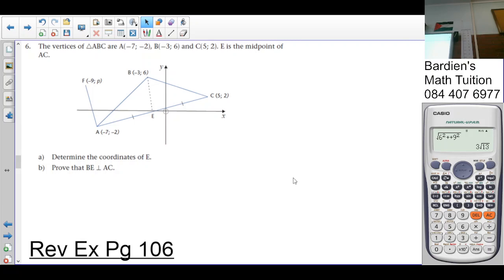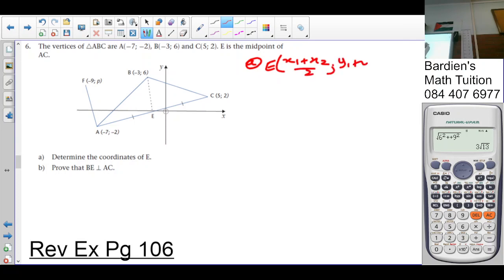That is simple. E is going to be x1 plus x2 over 2, y1 plus y2 over 2. Okay? So that would simply be -7 plus 5 over 2 and -2 plus 2 over 2. So E works out to be -1 and 0.